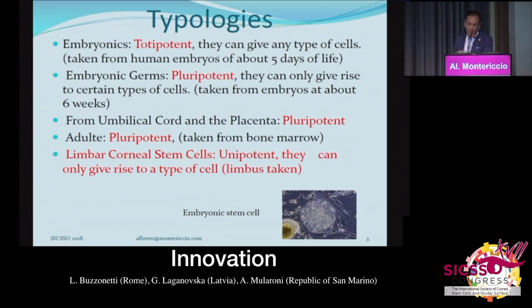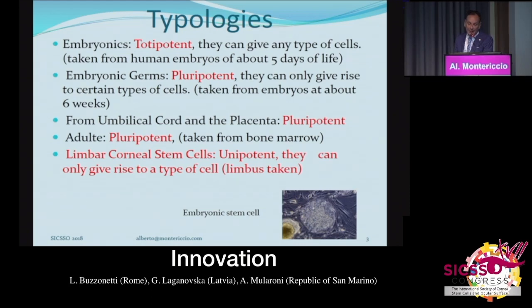And then we have the embryonic germs, pluripotent, that can only give rise to certain types of cells, and they are harvested from embryos of about 6 weeks of age. And then we have those from the umbilical cord and the placenta, which are pluripotent as well. And then we have the adult cells taken from the bone marrow.